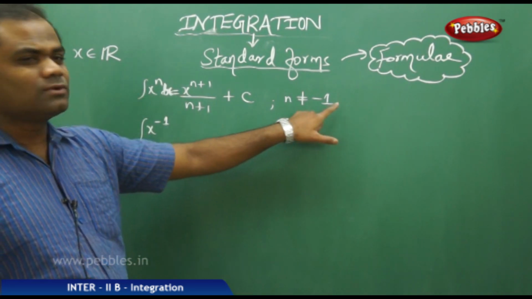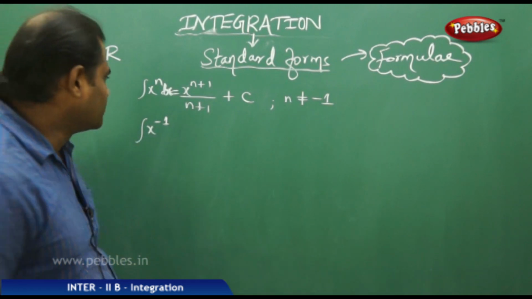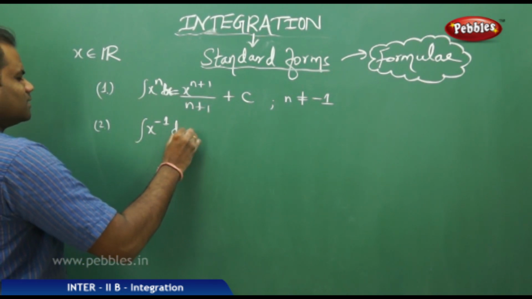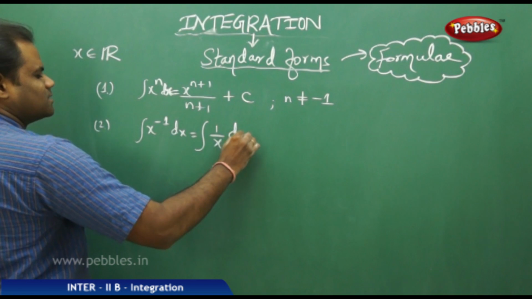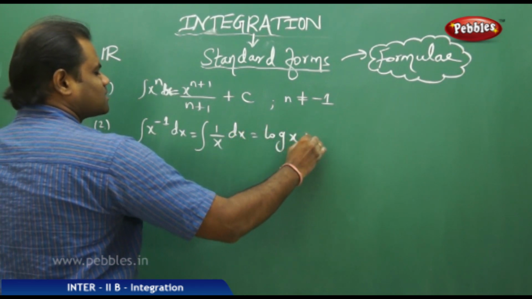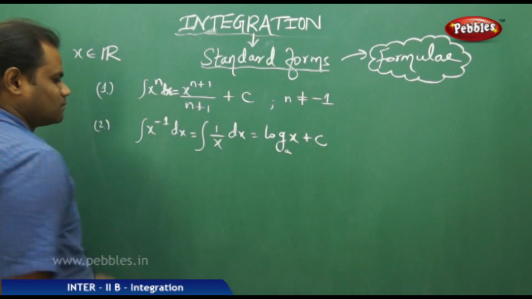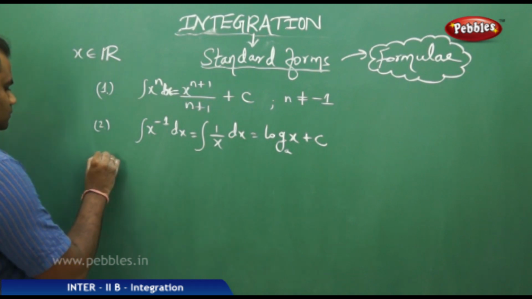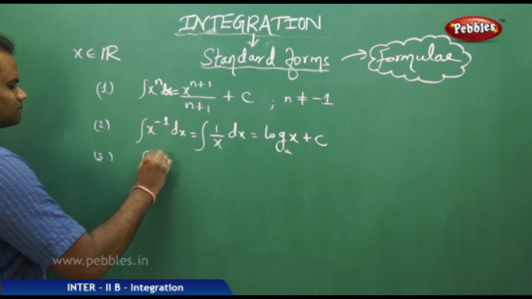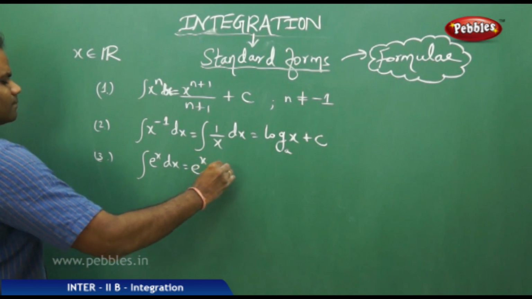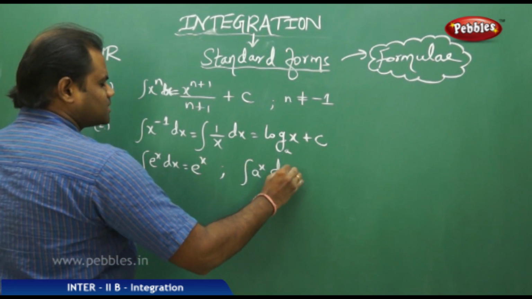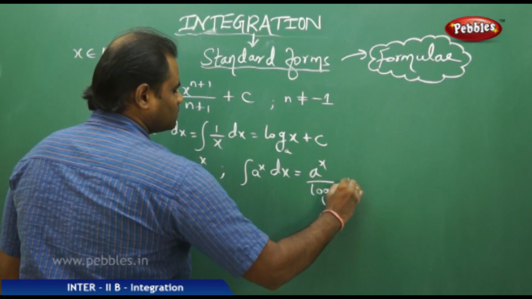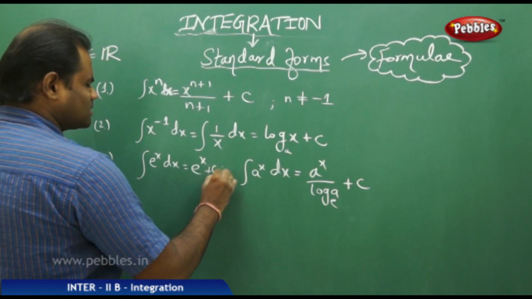If suppose my n is equal to minus 1, let's see what the formula reduces to. Then this is nothing but 1 by x dx, which is log x plus c, is how we understand the concept of integration. Integral of a power x dx, and of course plus c.